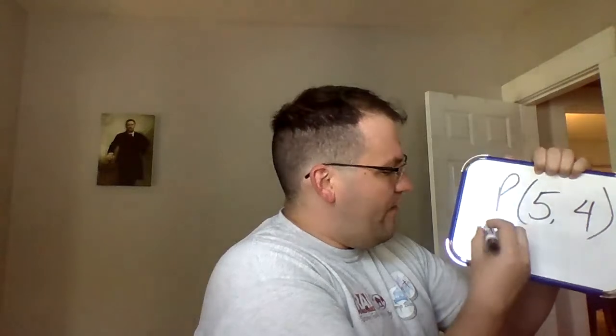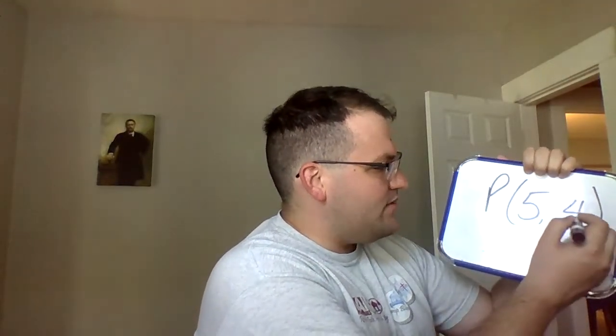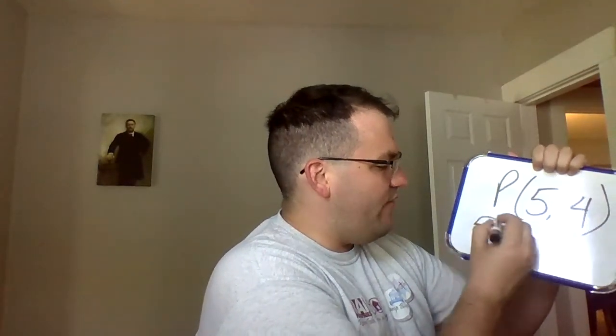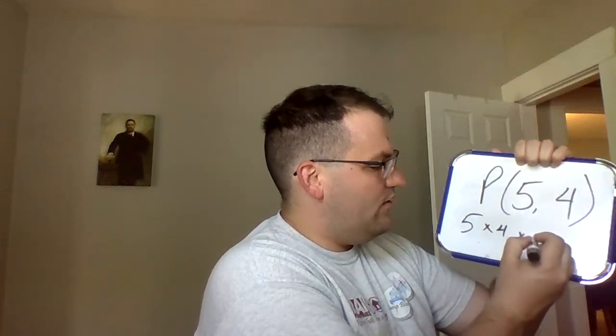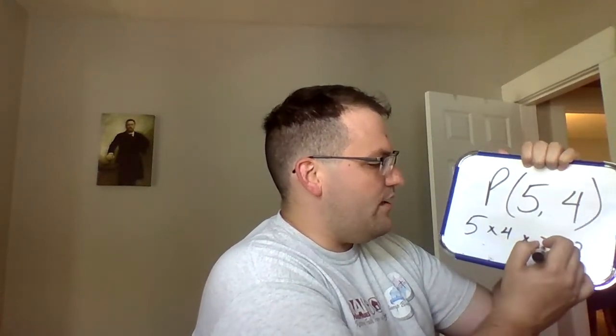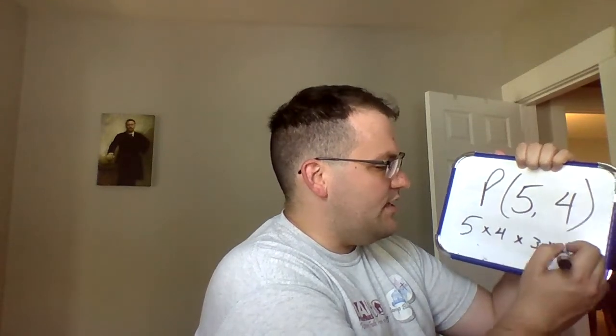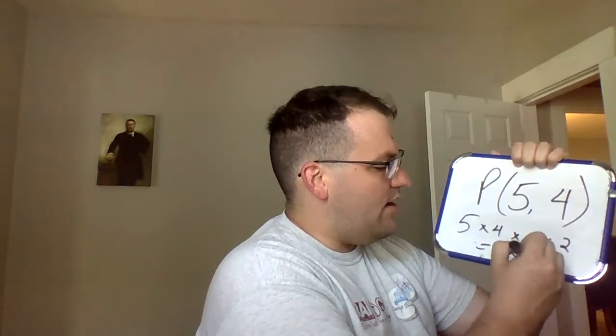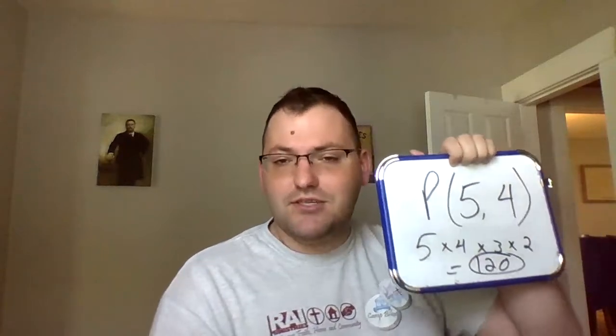So I go 5. There's 5 outcomes, and I'm going to do the first 4. So that means 5 times 4 times 3 times 2. 5 times 4 is 20, times 3 is 60, times 2 is 120 possible outcomes, okay?